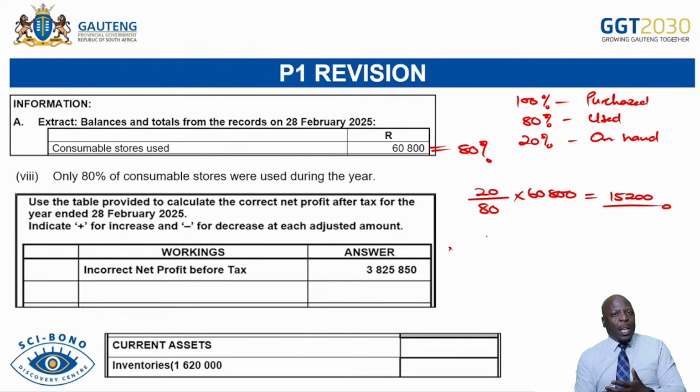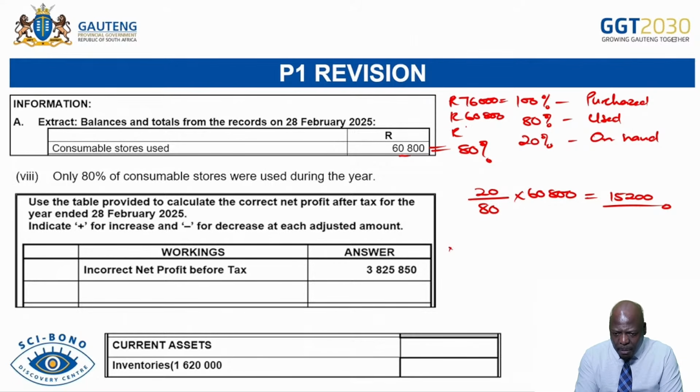So normally when we prepare the statement of comprehensive income, the 100% would be 76,000, 60.8 plus that one, 76,000 rands here. And then the 80% used, that's the 60.8. Hence, the 20%, the on hand, becomes the 15.2.